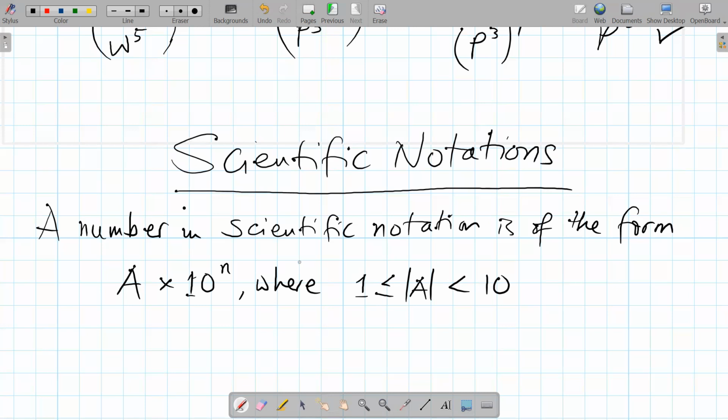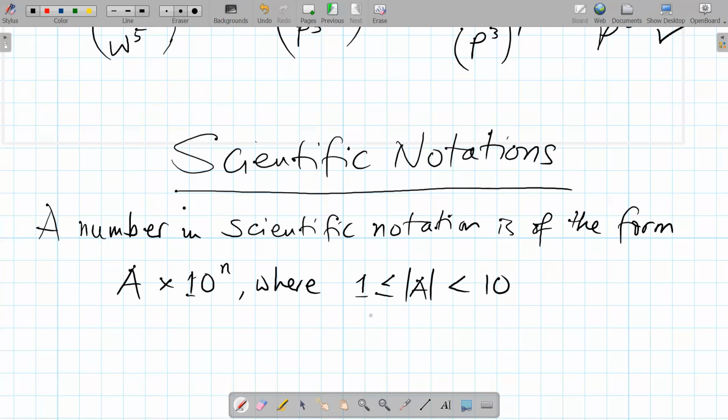Okay, so we have a very large number that we want to write, but we cannot continue to write it. And so we need to express it in this form. And this form is what we call the scientific notation. This a value here has to lie within this condition.